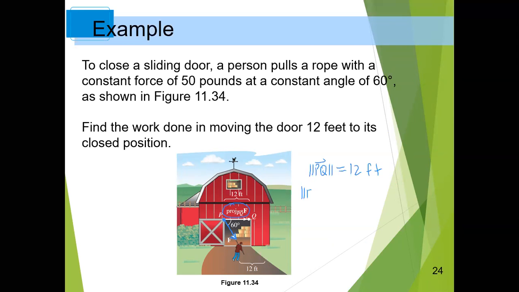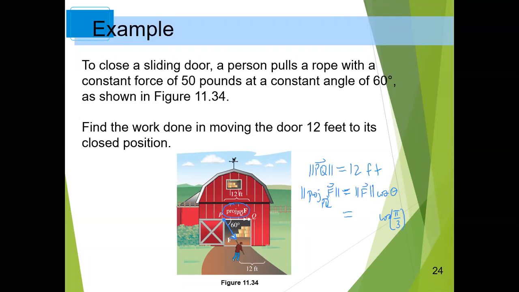The length of the projection of F onto PQ, which is what we really need, is going to be the length of F times the cosine of the angle between F and PQ. But what is theta in this case? Yeah, 60 degrees. So this is going to be cosine of pi over 3, which we know, hopefully.